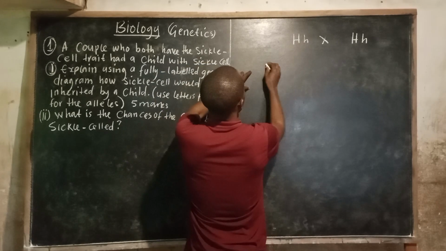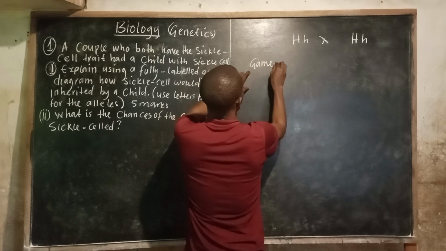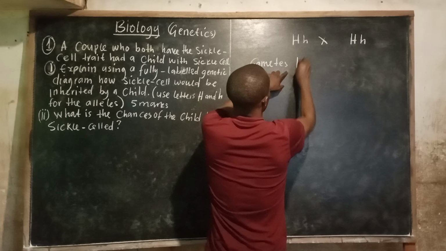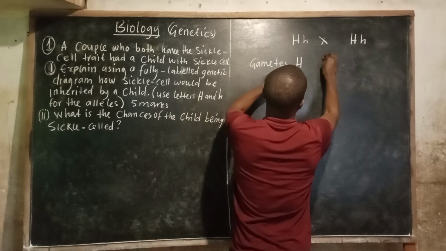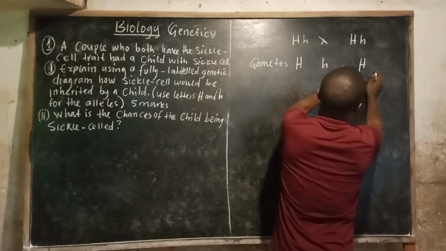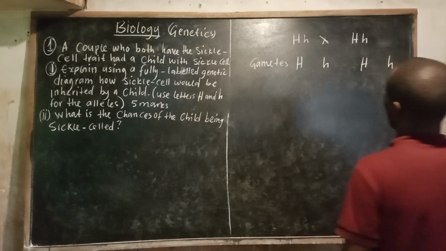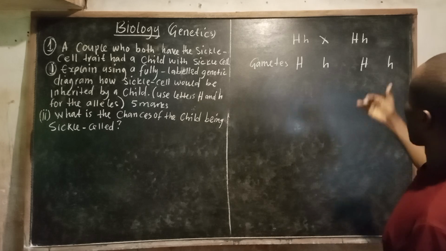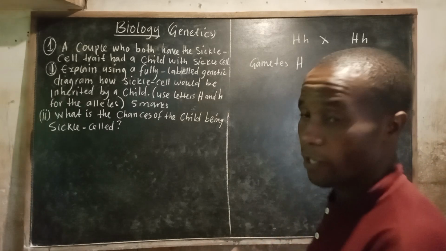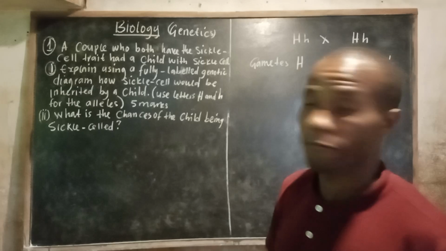So these are parents, then gametes. Gametes, we have big H and small h for each. Now what follows is the offspring, the type of children which these two parents can have.